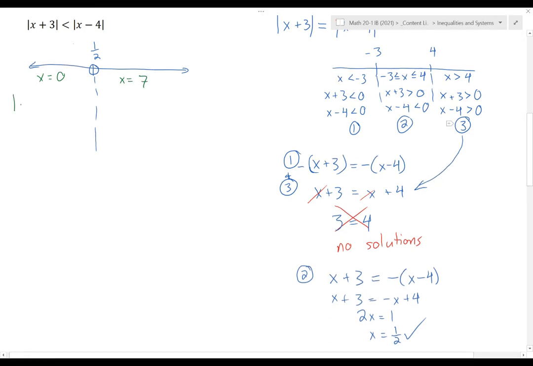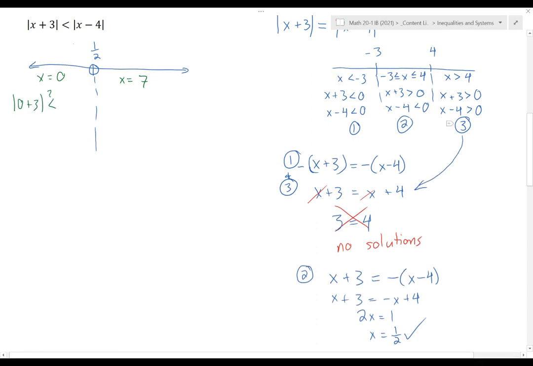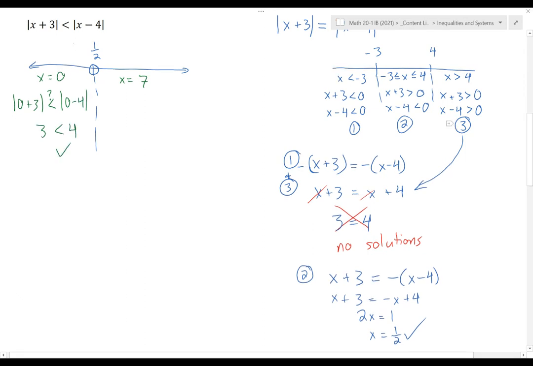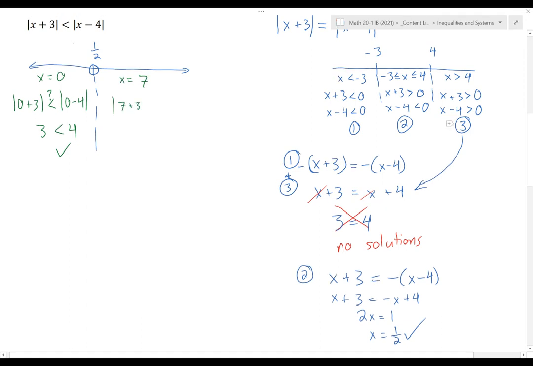So is the absolute value of 0 plus 3 less than the absolute value of 0 minus 4? Well, 3 is less than 4. So yes, that is true. Is the absolute value of 7 plus 3 less than the absolute value of 7 minus 4?